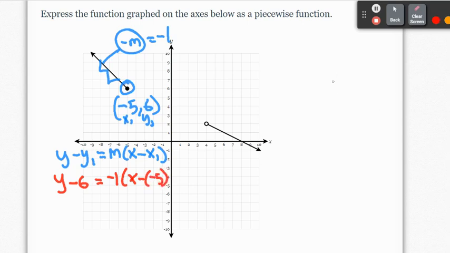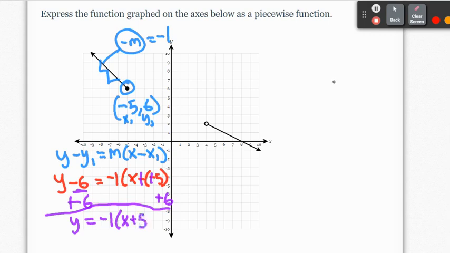And all I have to do with that is move this 6 to the right-hand side. I'm probably going to go ahead and change this minus 5 to a plus also. So if I just add the 6 to the right side of the expression, I will have isolated y equals negative 1 times x plus 5, and then plus 6 on the outside.